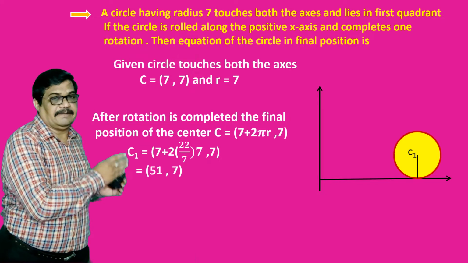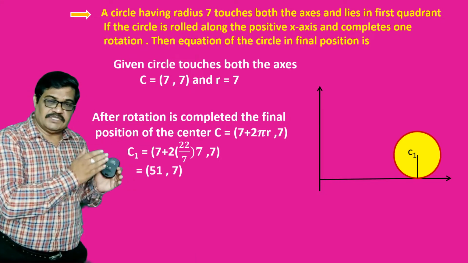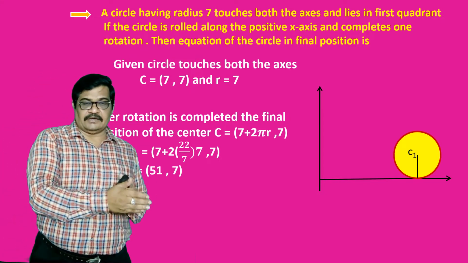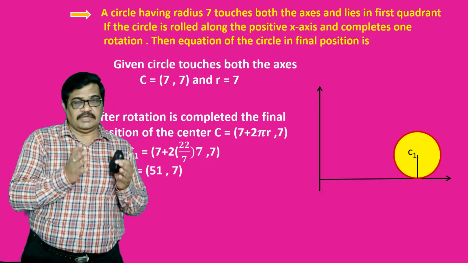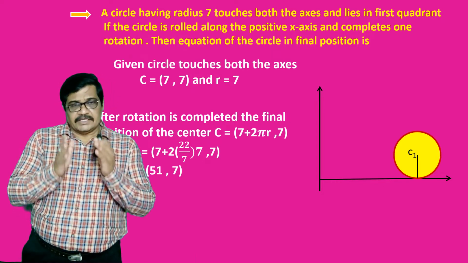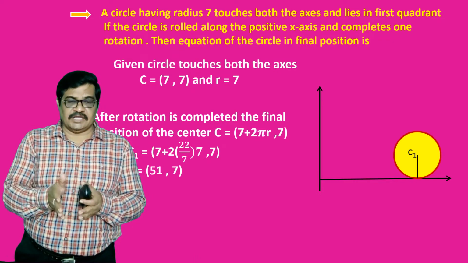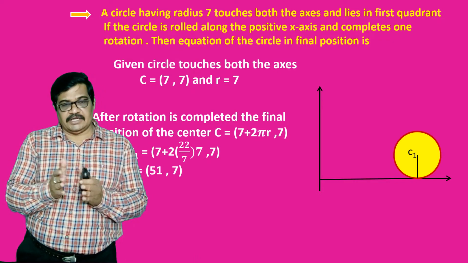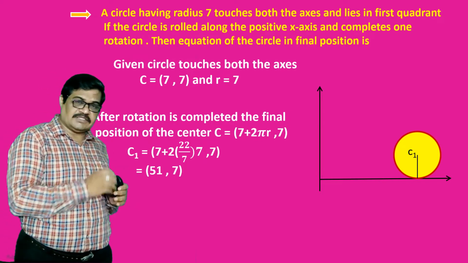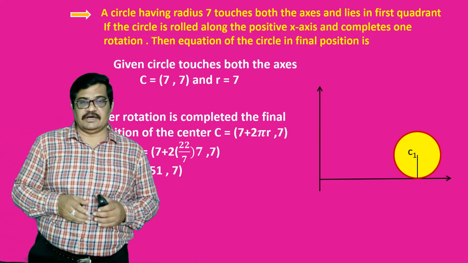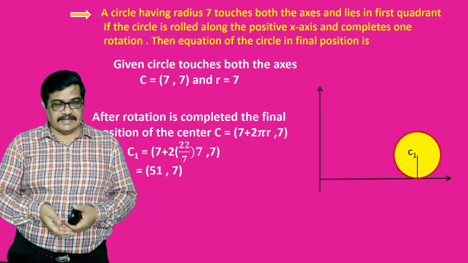So the center of the circle in the final position is (7 plus 2 pi r, 7). These are the coordinates of the center in the final position of this circle.